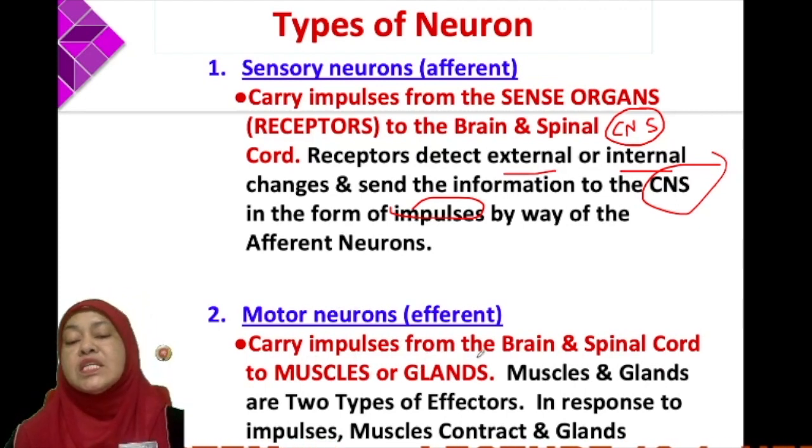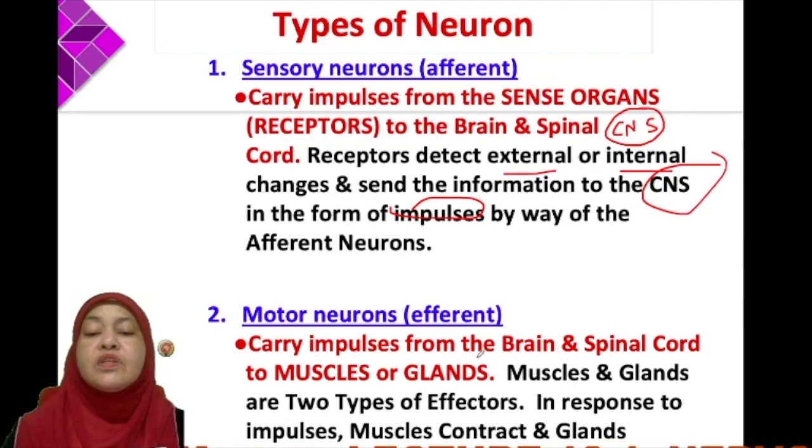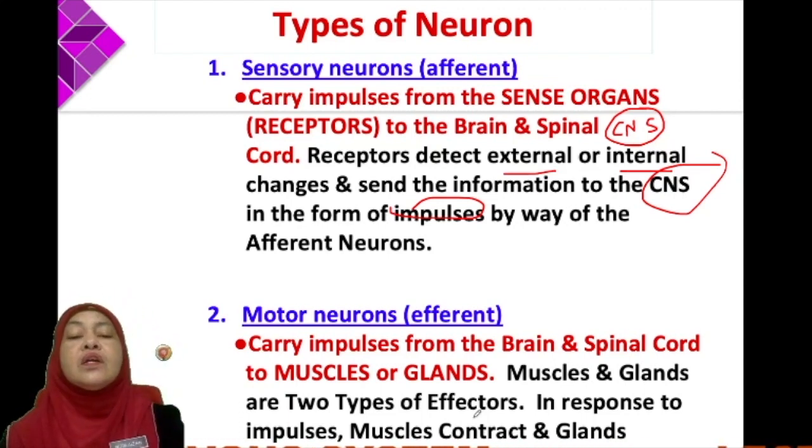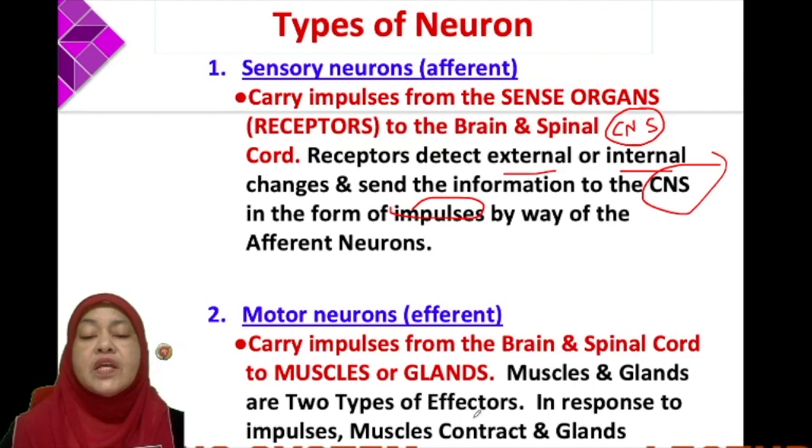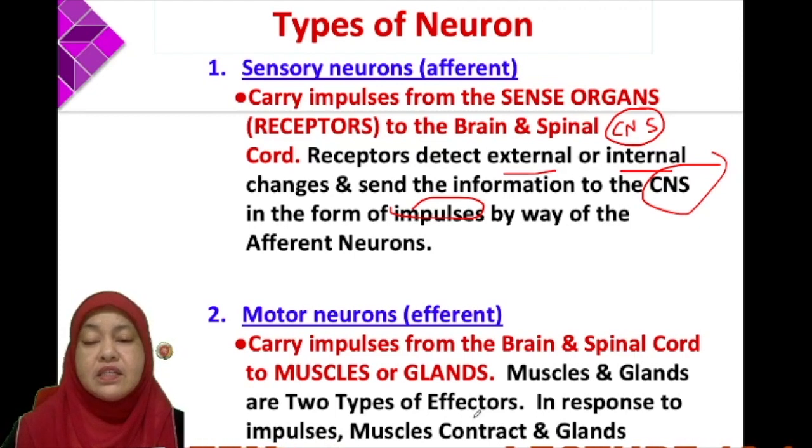Muscles or glands are also known as effectors. There are two types of effector, which respond to impulses. What are the responses? If it is a muscle, it will contract; if it is a gland, it will secrete. That is how the motor neuron, or efferent neuron, creates an effect on the muscles and glands.